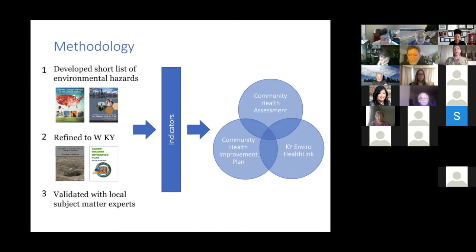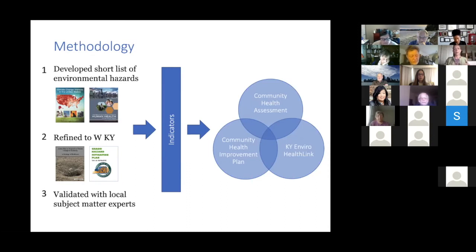And then finally, what we used this information for, as I said before, was to help incorporate climate change into an environmental health section of the community health assessment. And that gave the health department the ability to start having conversations with residents about understanding what their experience has been around these climatic events, and what they thought the priorities ought to be.